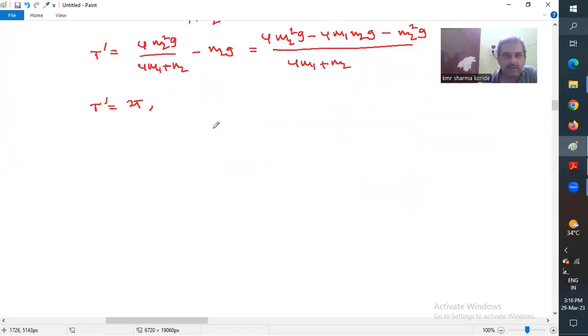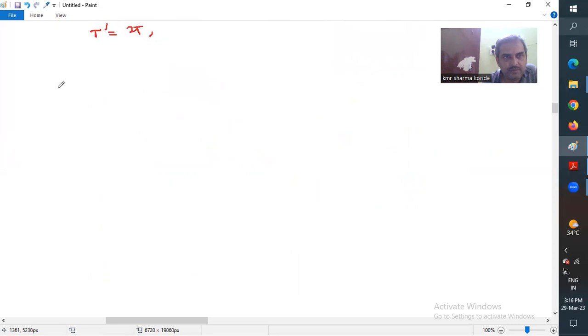Now moving to another case, motion of the massive string.